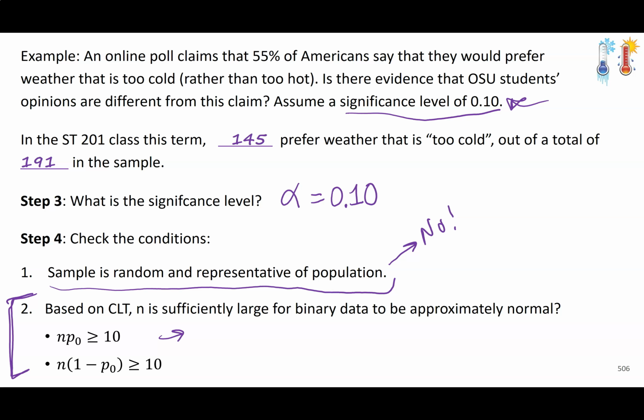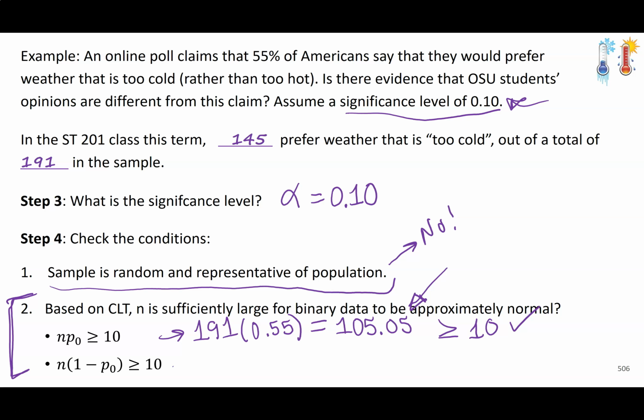So if the null is true, and I took 191 folks, and I could expect 55 percent of them to prefer too cold, then that means on average, if I were to repeatedly take samples of 191, I could expect about 105.05 to indicate that they prefer too cold weather, if the null is true. So this is at least 10. That's good.